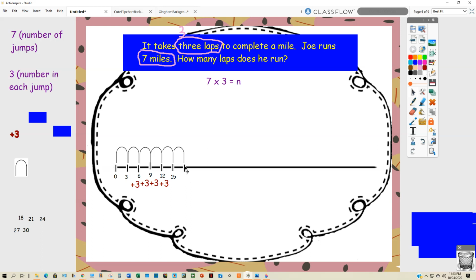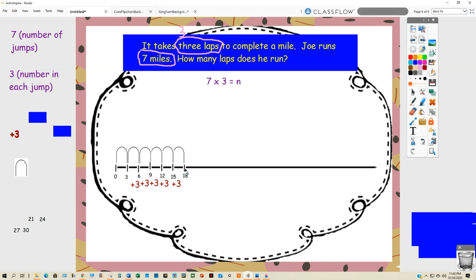So as I'm making my jumps on my open number line, if I go too far, I'm going to write down the wrong product for this multiplication problem. That was 15 plus 3 to give me 18. And I said that was 6. 1, 2, 3, 4, 5, 6.